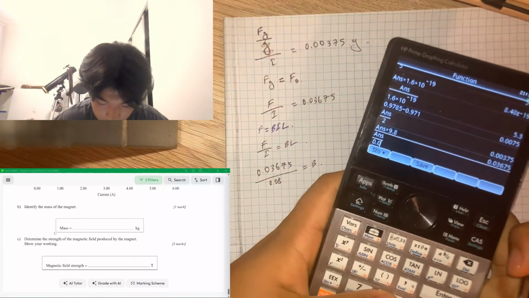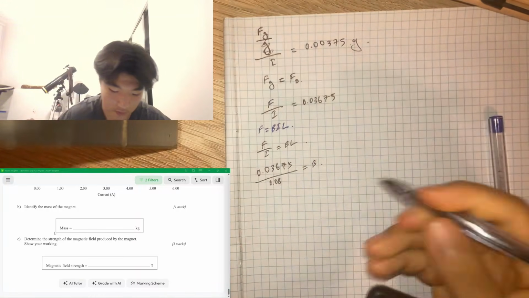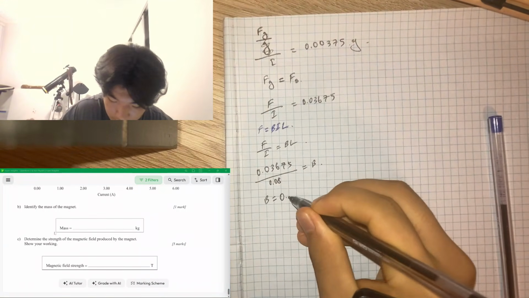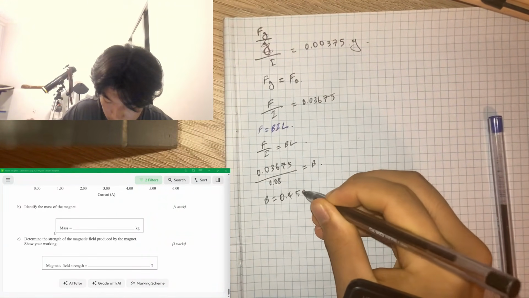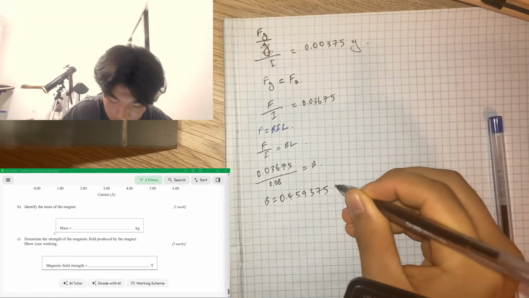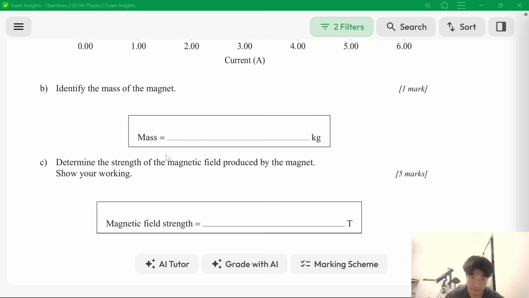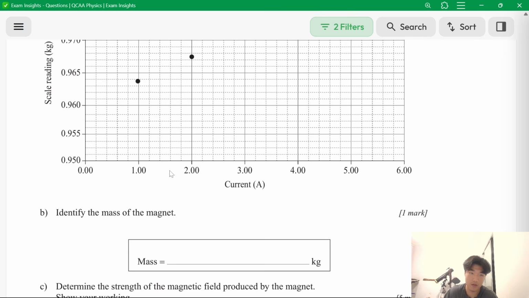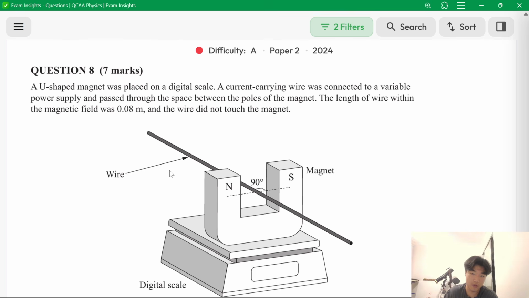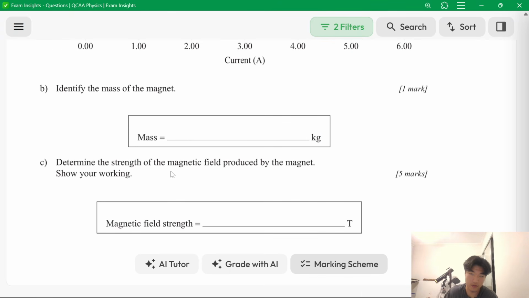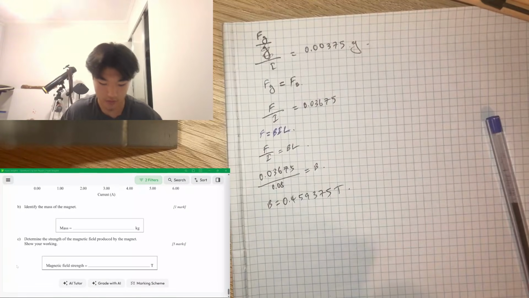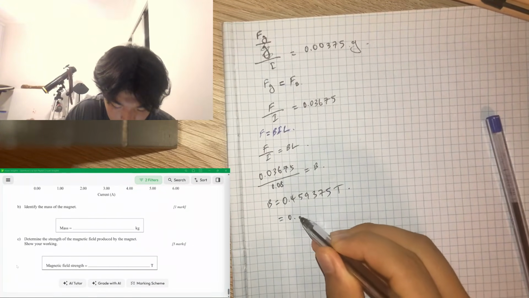I don't know if, like, my 0.459375 Teslas, but we have like the notation and like 3 significant figures, so we'll use the 3 significant figures. 0.4.